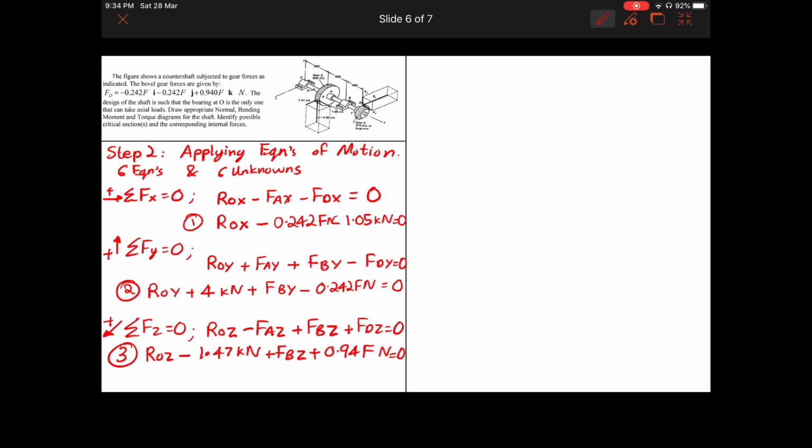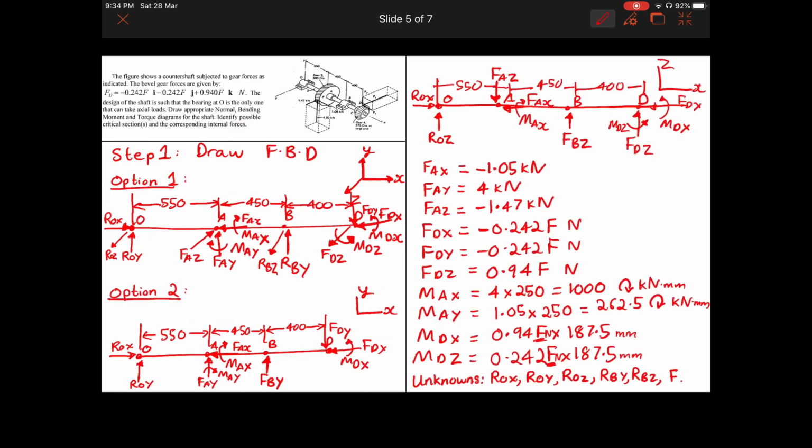So now we have 3 equations done. Let's start with the moment equation. For the summation of moment, we need to take it at a location where we have the most number of unknowns. If you look over here, the most number of unknowns are located at point O. We have ROX, ROY, ROZ, three unknowns.